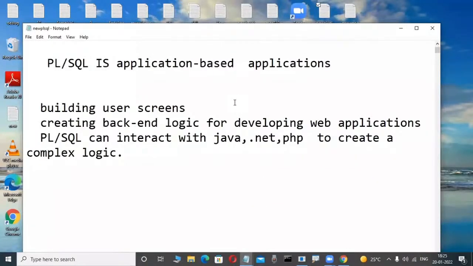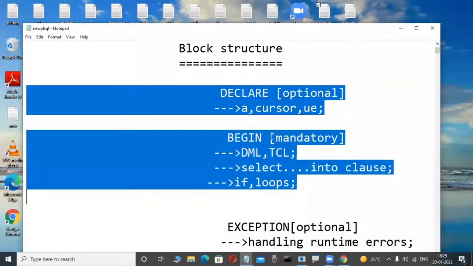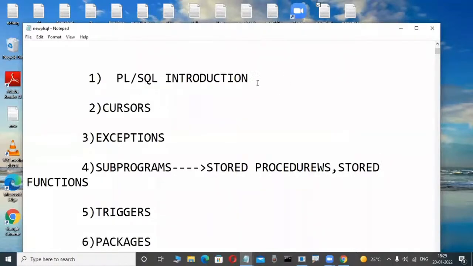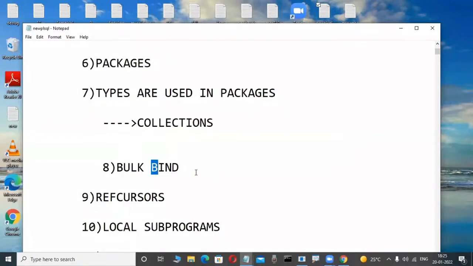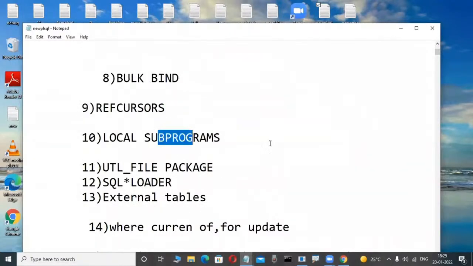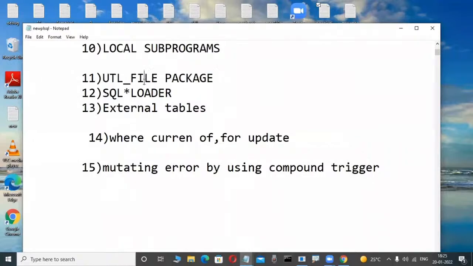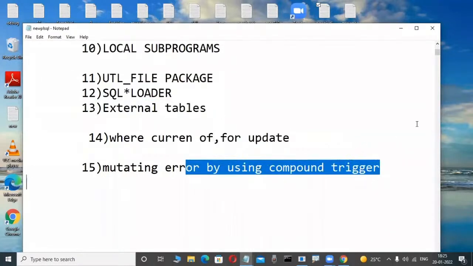In PL/SQL, you write this type of little bit of coding. In that there are cursors, exceptions, stored procedures, stored functions, triggers, packages, types, collections, bulk bind, ref cursors, local subprograms, UTL_FILE packages, SQL*Loader, external tables, so many things like this. So much syllabus is there.